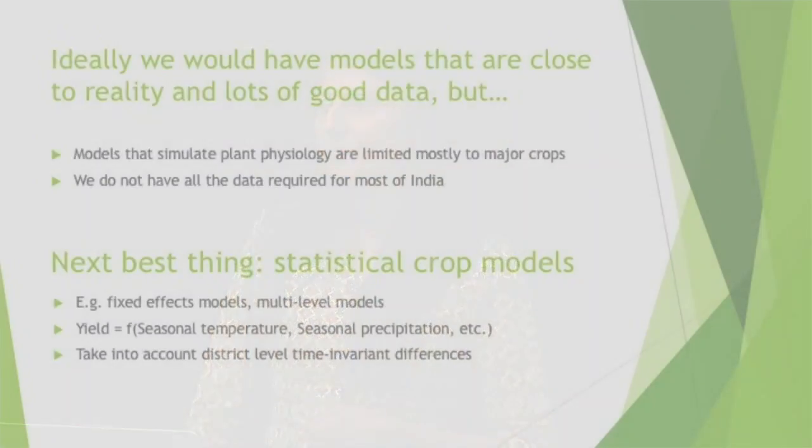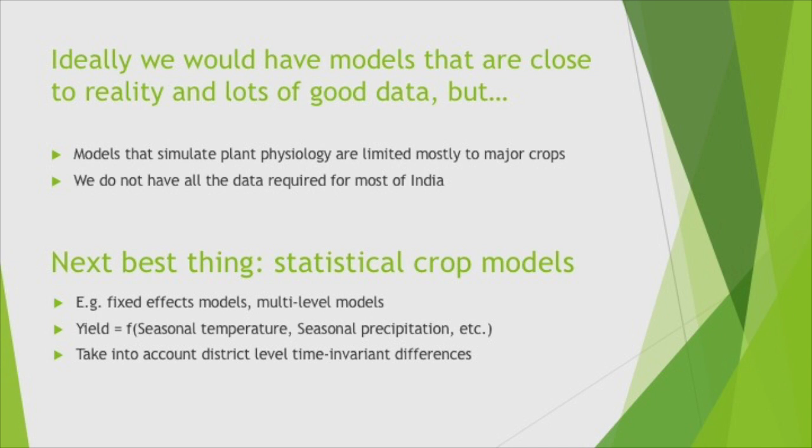And what these are usually are regressions. If some of you here are economists, you would know fixed effects models. Those are a kind of model that are used. And they have seasonal temperature and rainfall as predictors of crop yields. And they take into account things that are also time invariant.